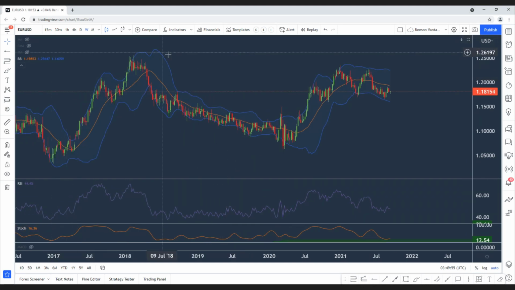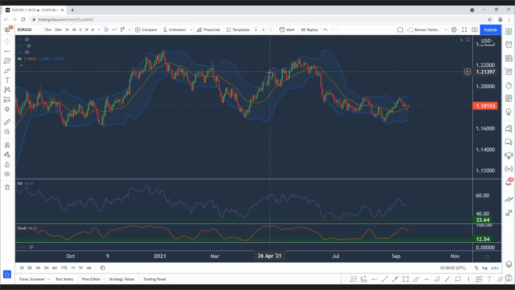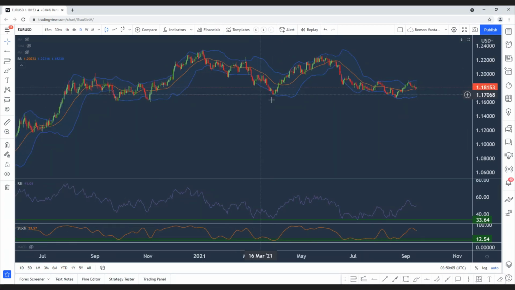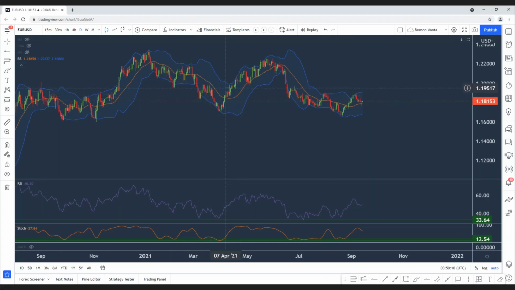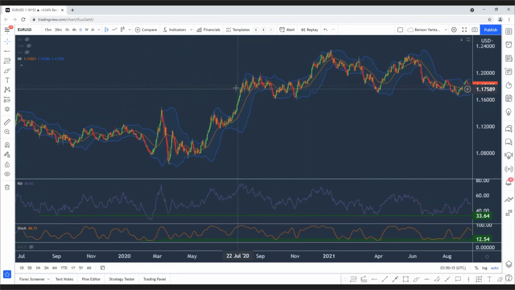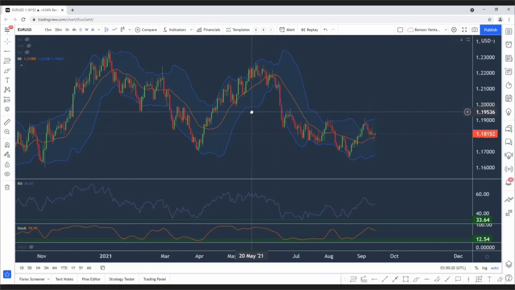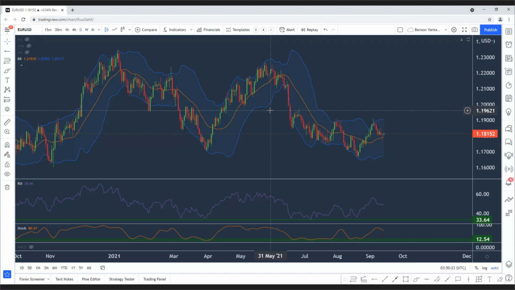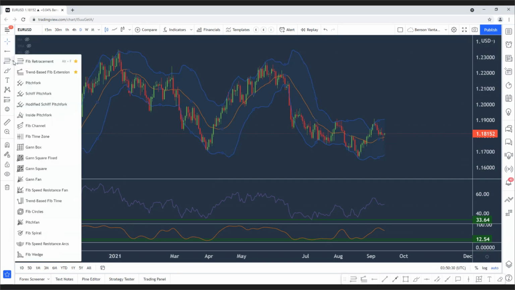Over here I have a chart of Euro Dollar just to let you guys have an example. Now let me quickly go down to the daily time frame. Let me scroll a bit. Let's look at this price action in this area.